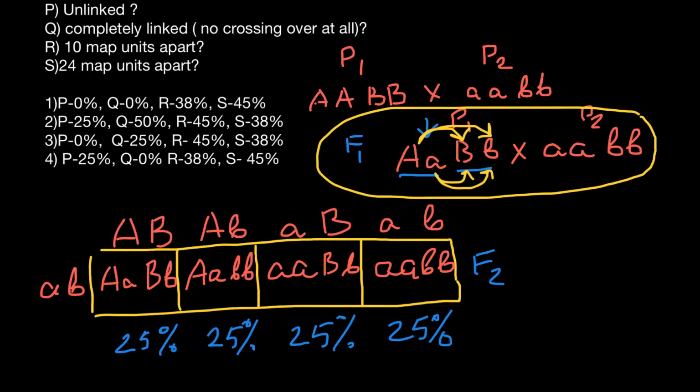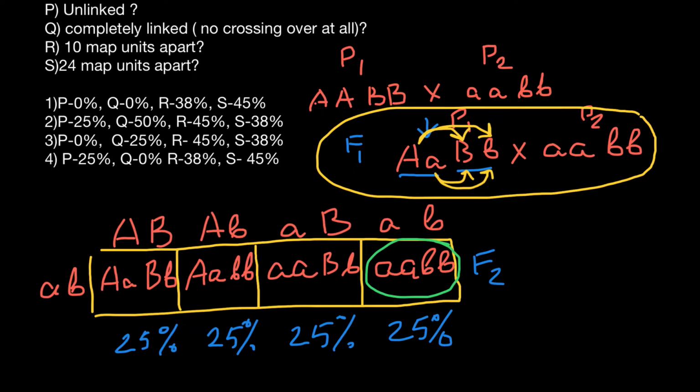Again, what is our question? What is the expected frequency of the genotype that is going to be homozygous recessive for both genes? As you see, 25% would be our answer. So for this question, unlinked gives us 25%.